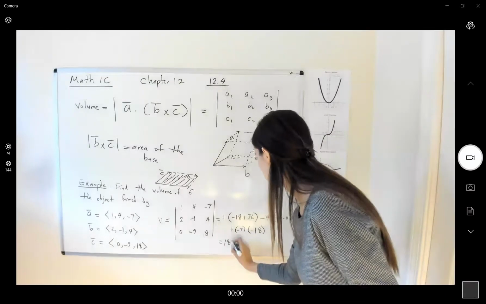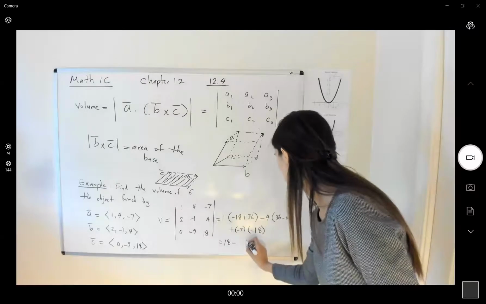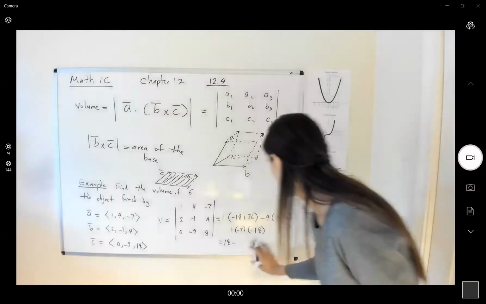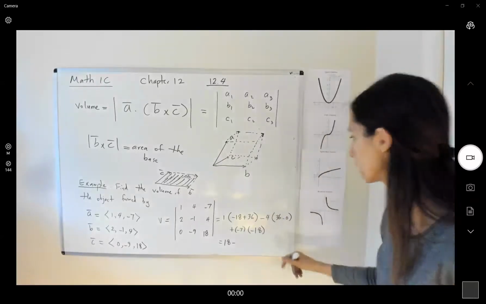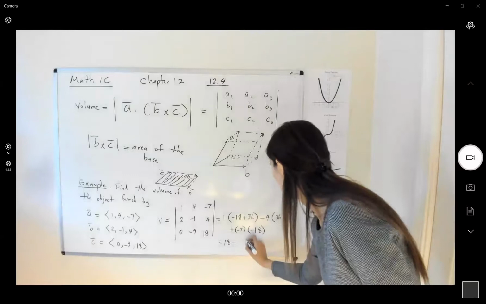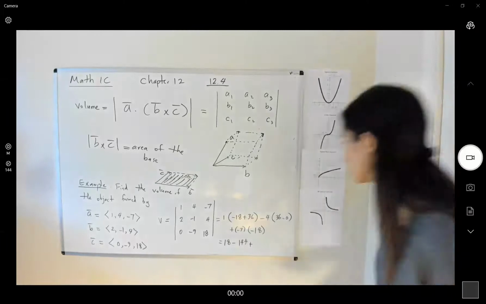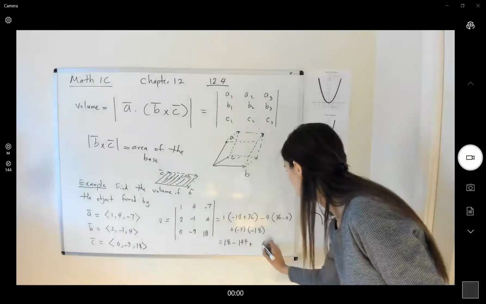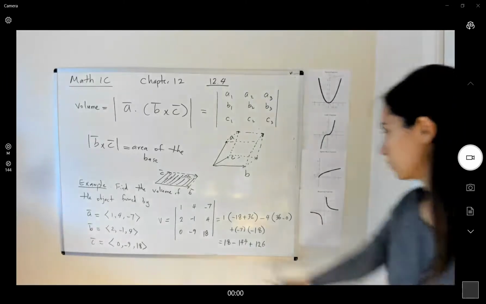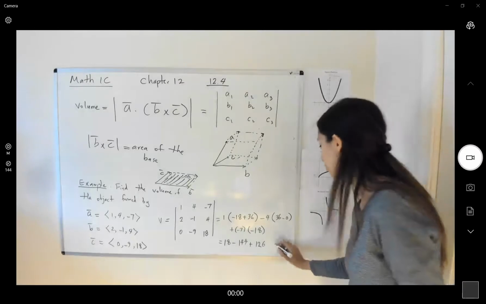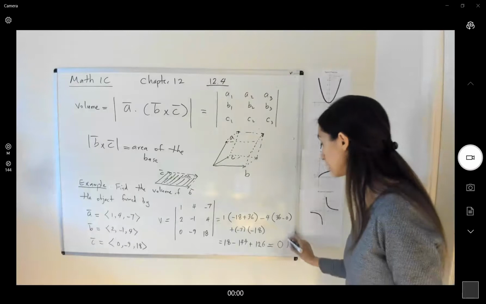You get 18 minus 4 times 36, that is, minus 144, and I have plus 126. So if you add these together, the outcome is equal to 0. It says volume is equal to 0.